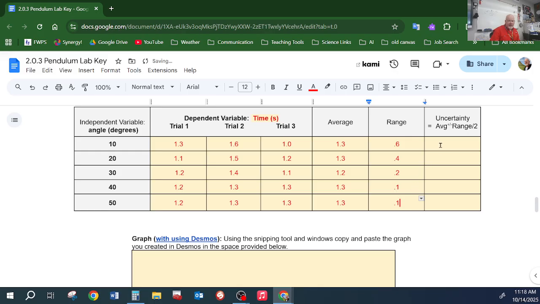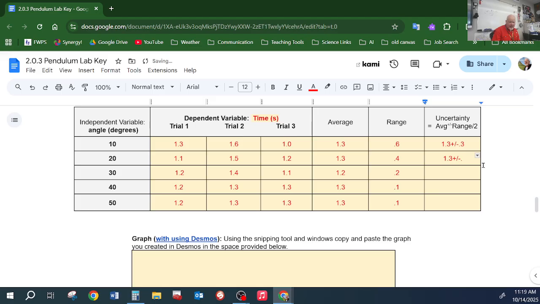And then for the uncertainty, we just put in the average, 1.3, and then we say plus or minus, and then we take half of the range. Half of 0.6 would be 0.3. In this case, 1.3, that's our average, plus or minus 0.3.